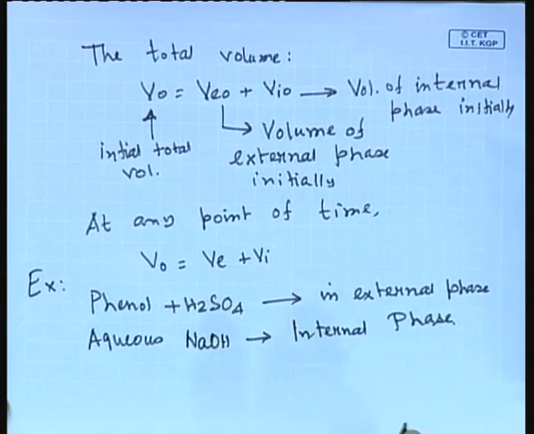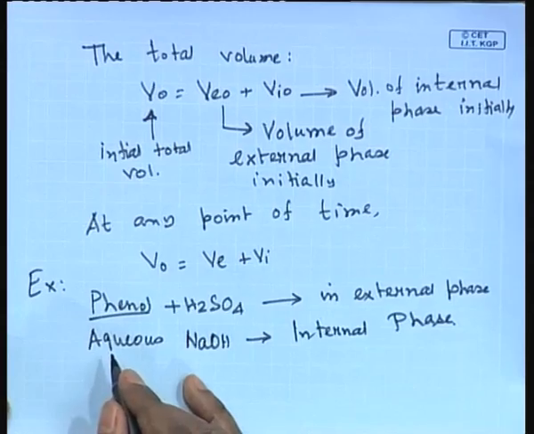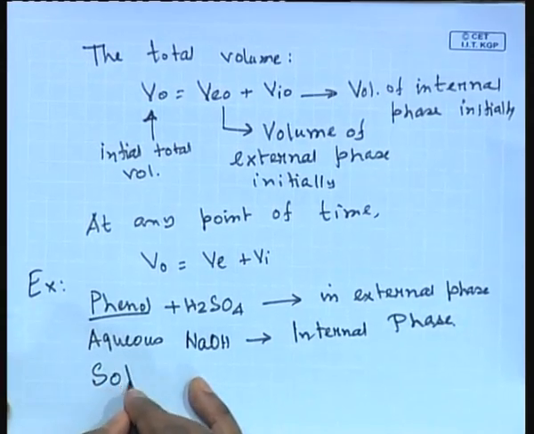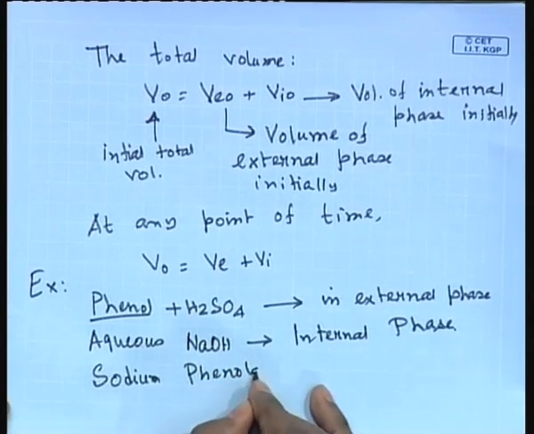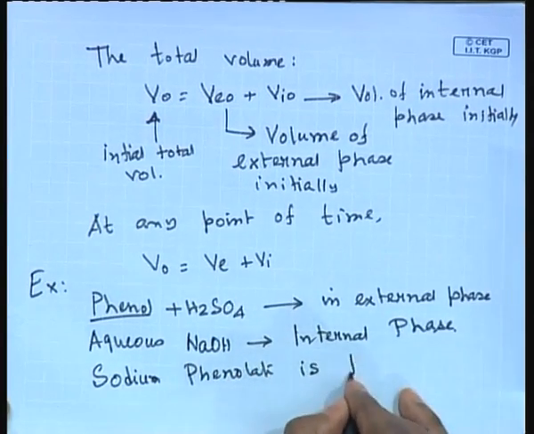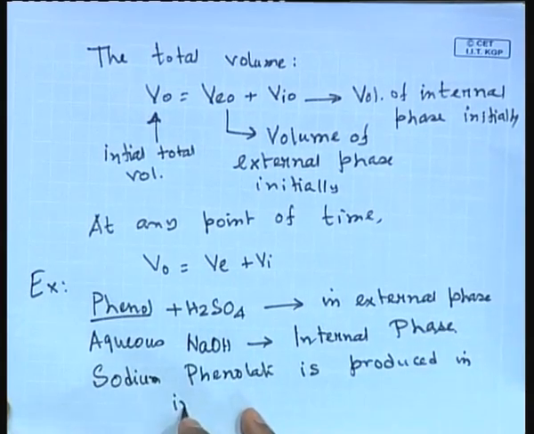Contains the internal phase. So, what happens in the internal phase after diffusion of phenol into it? It produces sodium phenolate. Sodium phenolate is produced in the internal phase.